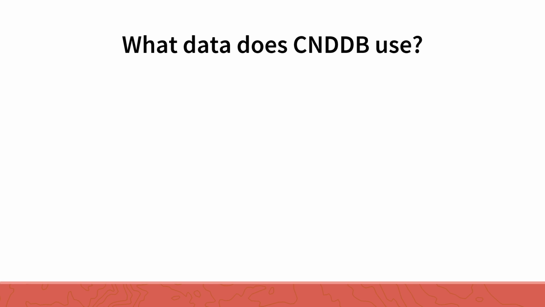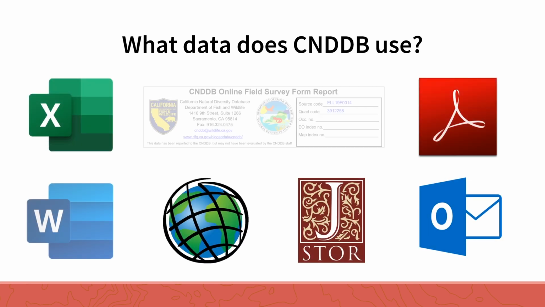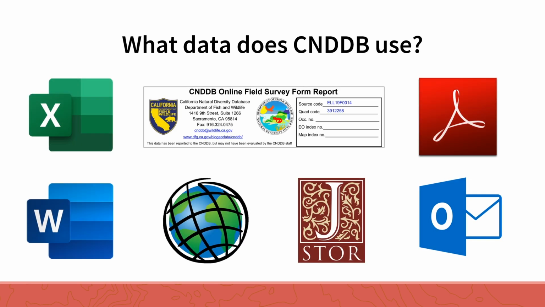What types of data does CNDDB use? We receive about 1,000 data sources each month. We currently have 250,000 of them in our files. Since we accept data in many formats, there are wide variations in the amount of information we can glean from sources. For example, a CNDDB field survey form typically focuses on a single detection of a single species.